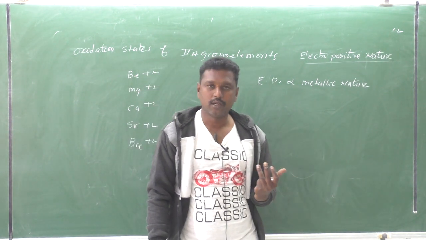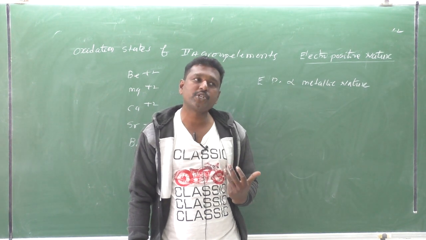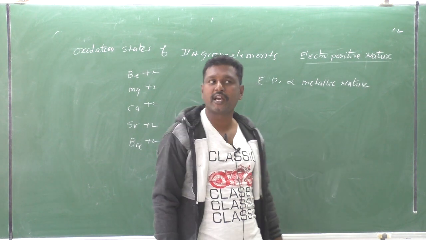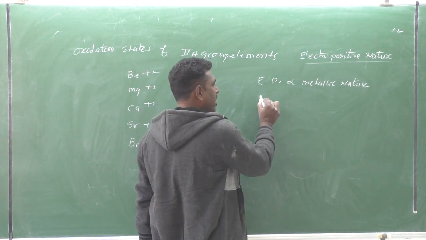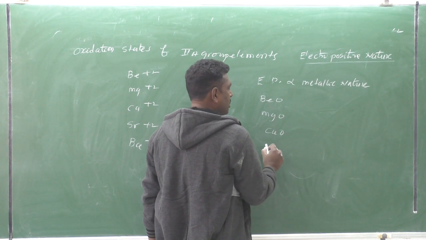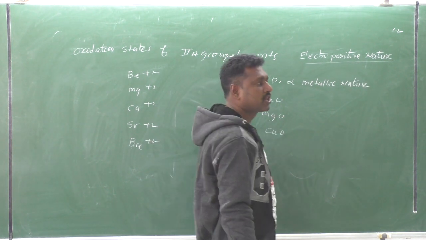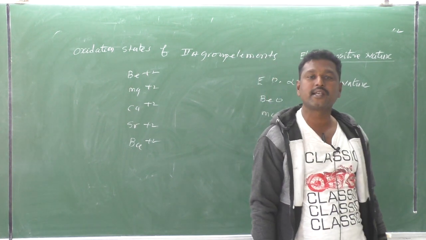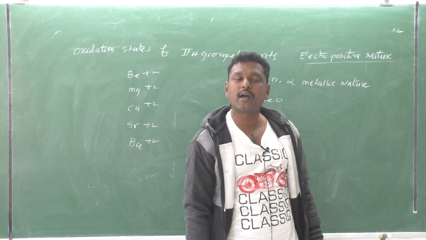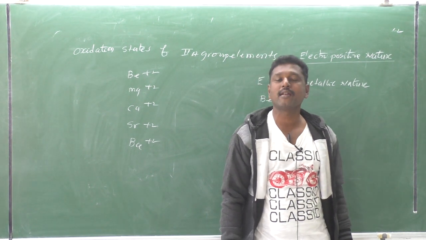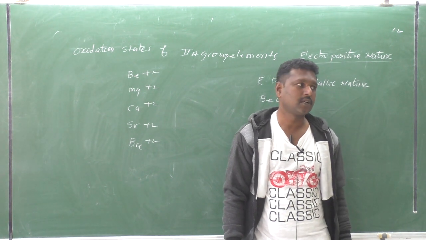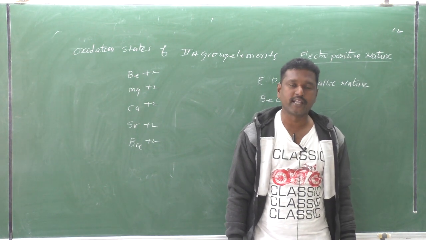Metallic nature is directly proportional to the basic nature of oxides. For example, given BeO, MgO, CaO, which one is more basic in nature? Calcium oxide is more basic, because the metallic nature of calcium is more than beryllium and magnesium. This is very, very important.